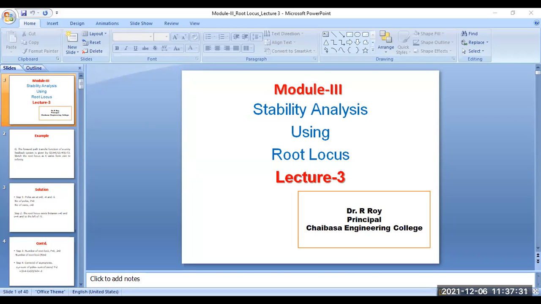Now, next step, we have to see where the root locus will lie. Let us draw it.